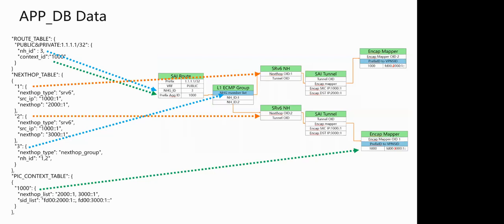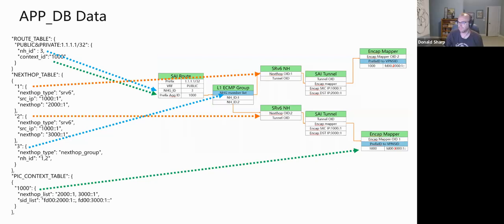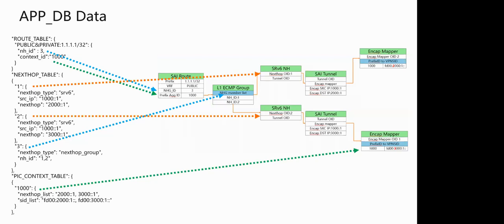No, this one doesn't need to change existing SAI APIs. For the EVPN case, we can reuse the same, because here we use the SRv6 NH. In the EVPN case, this is the VTEP NH. Only the VNI will probably be stored somewhere else. We need to see what's going on. I haven't looked at that part, but logically it will be like that.